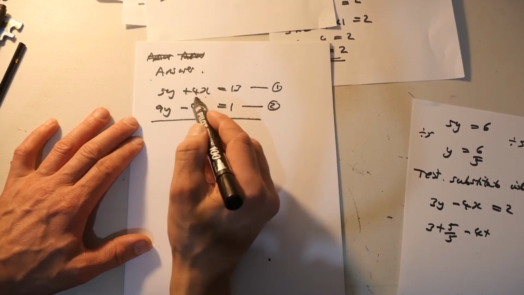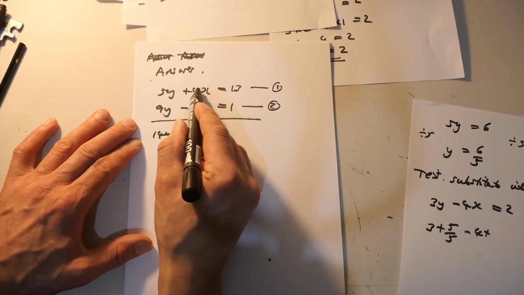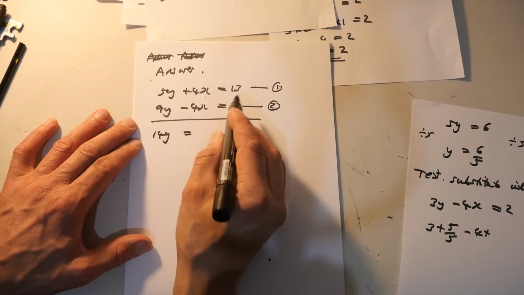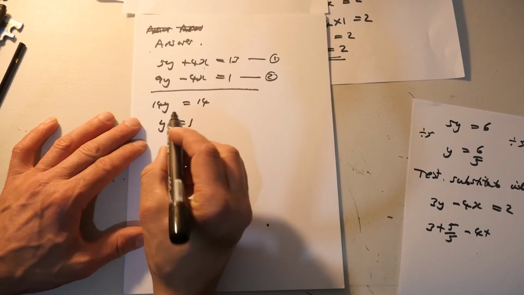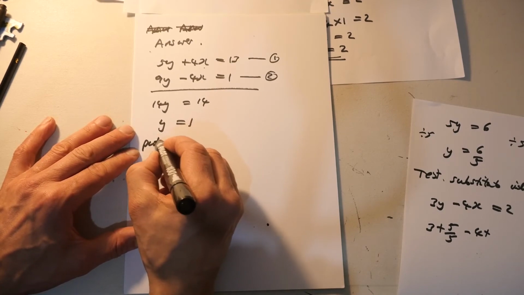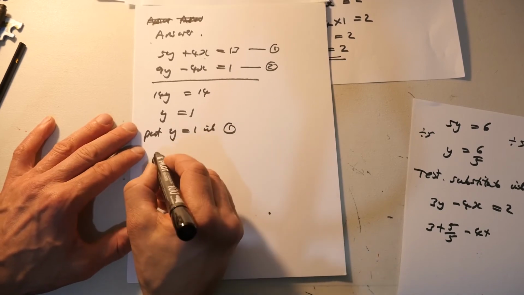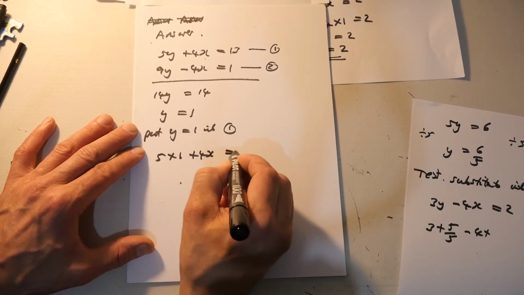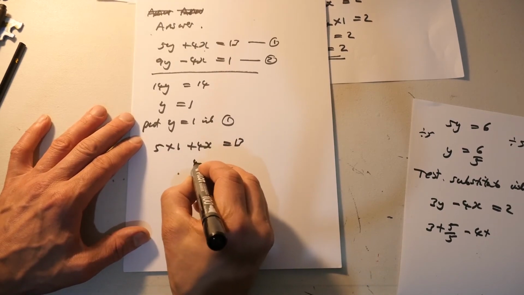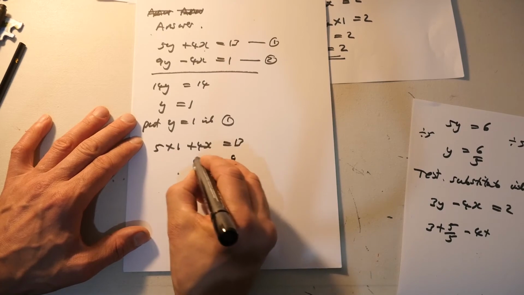So you got adding, 9 plus 5 is 14y, plus 4x minus 4x is 0, equals 13 plus 1 is 14, so y equals 1. Put y equals 1 into 1, so you get 5 times 1 plus 4x equals 13. 4x equals 13 minus 5 is 8, okay?